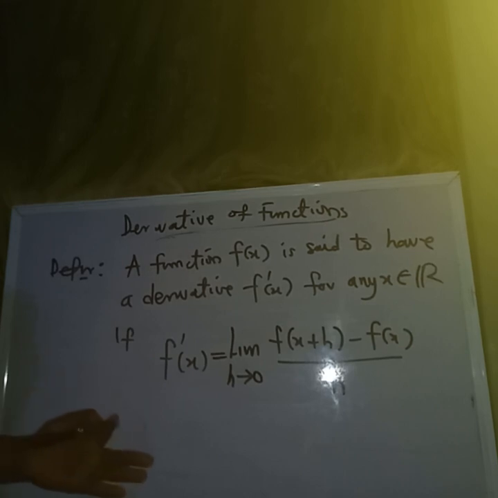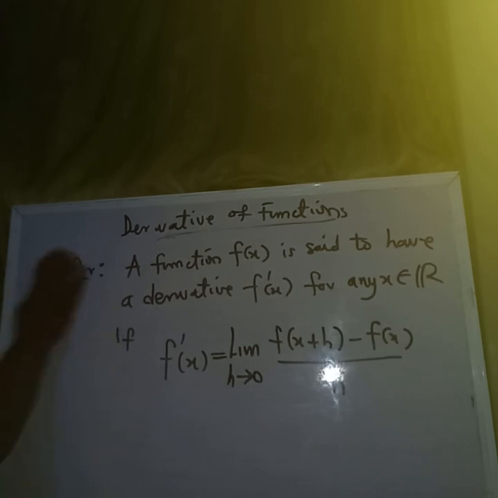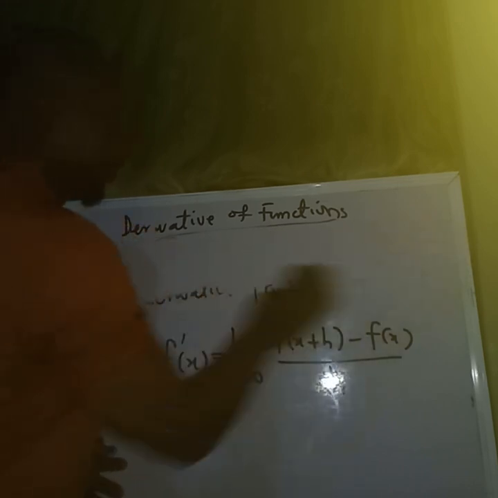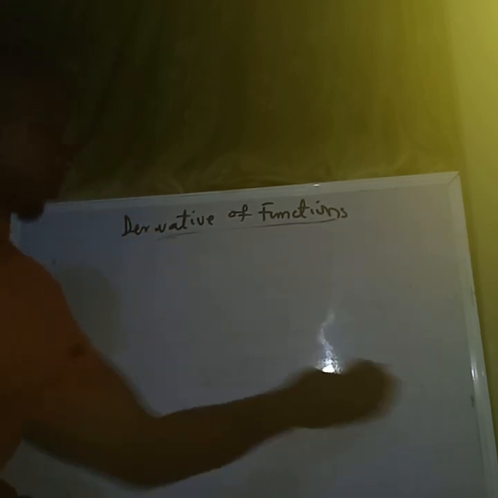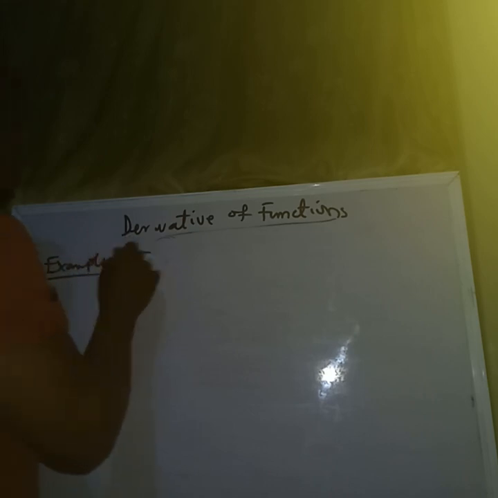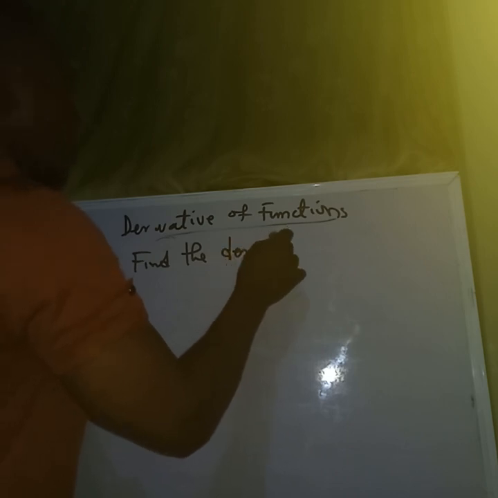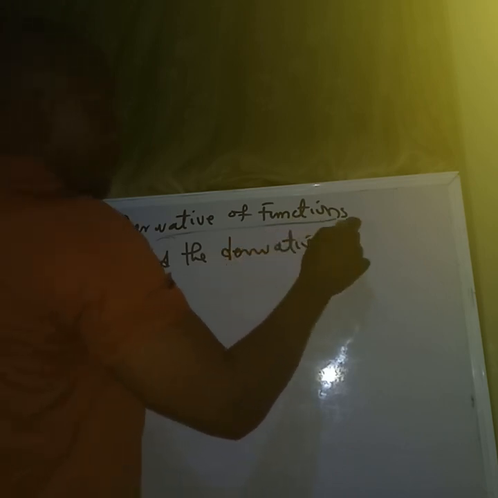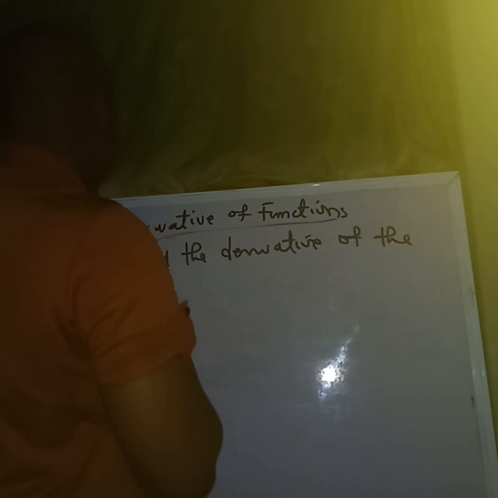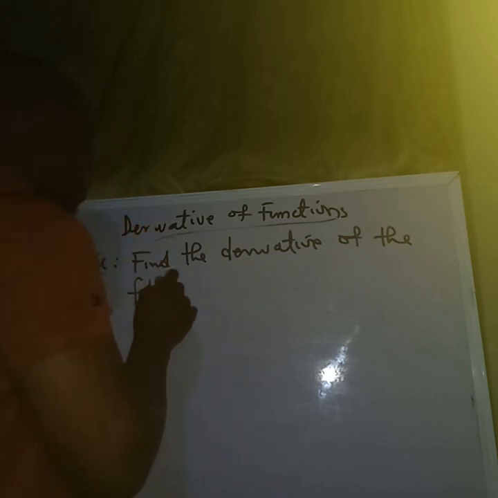The first example we want to consider is a polynomial, a general form of a polynomial function, and its derivative. Example: find the derivative of the following functions.